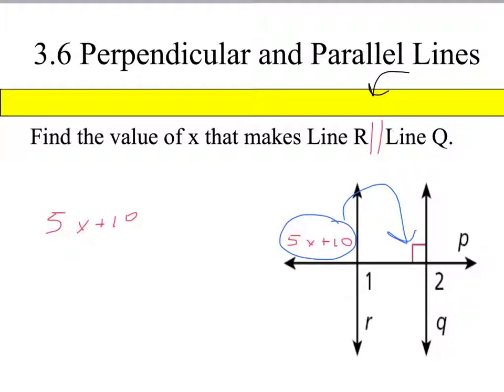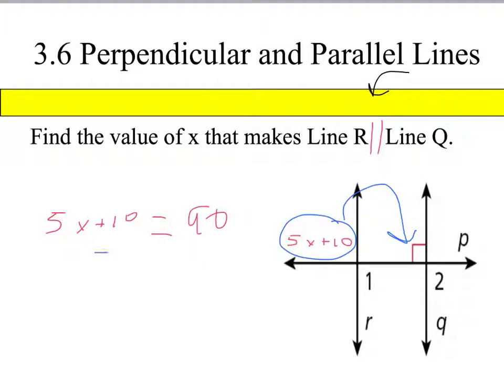Well, if 5x plus 10 is equal to that angle right there, they have to be corresponding angles. When we have corresponding angles congruent, that makes those two lines parallel. Remember our converse of the corresponding angles theorem. So we're going to set 5x plus 10 equal to 90 degrees.